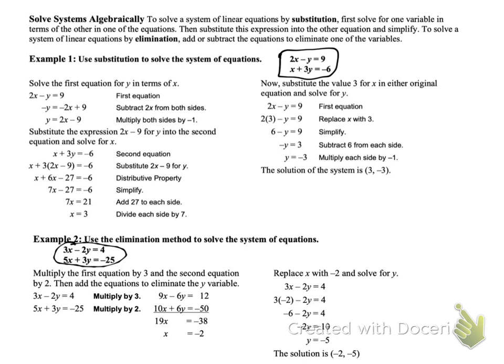That gives me negative 6 minus 2y equals 4. Add 6, negative 2y equals 10. Divide by negative 2. y equals negative 5. So that solution would be negative 2, negative 5. It would be consistent, independent. If I graphed those two lines, they would intersect at negative 2, negative 5. Okay?